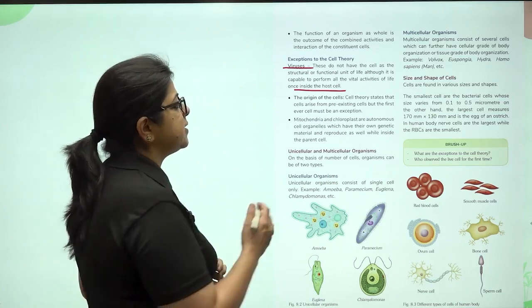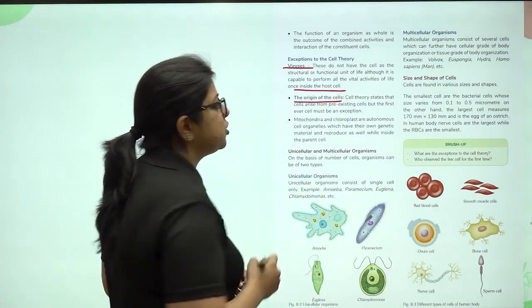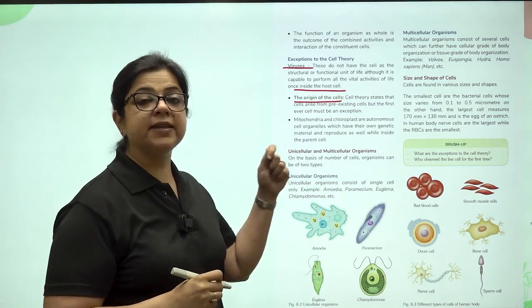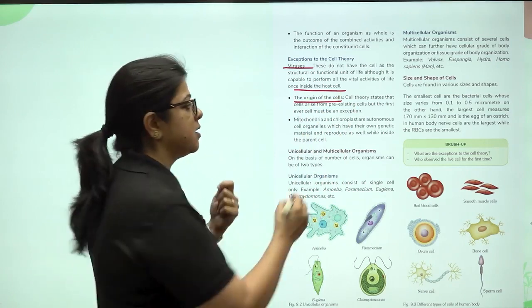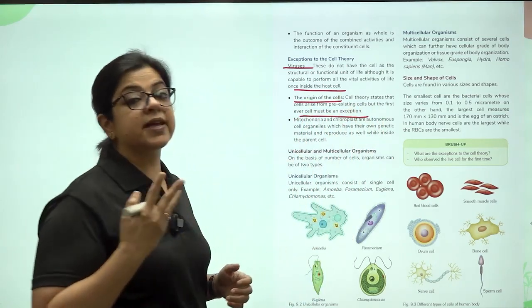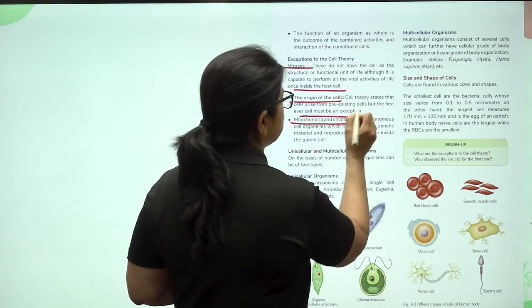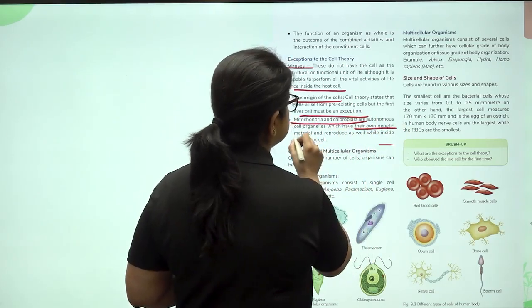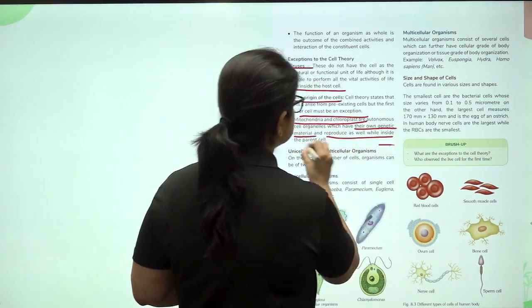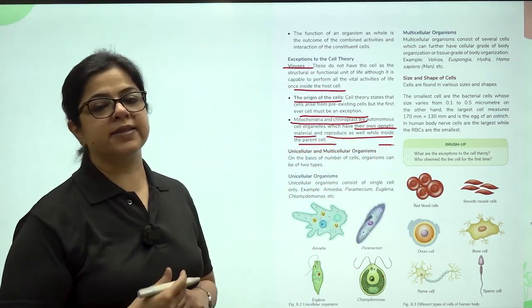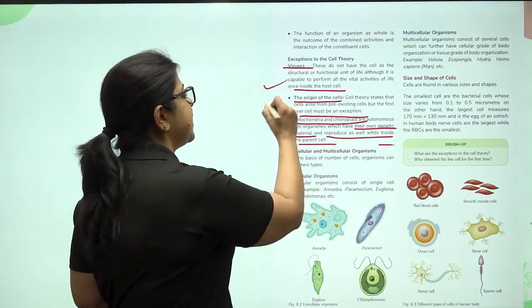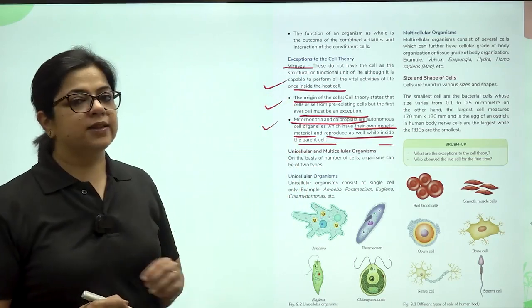And the second is the origin of the cells. It says that it comes from pre-existing cells. So, where did the first cell come from? And the third is that mitochondria and chloroplasts have their own genetic material and they reproduce while inside the parent cells. So, these are the three exceptions to the cell theory.